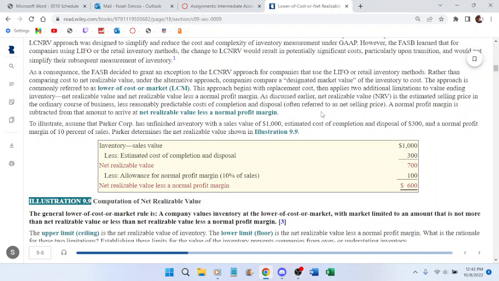Sales value less estimated cost equals net realizable value. Less allowance for profit. Normal profit margin equals 10% of sales value. Equals net realizable value less a normal profit margin.